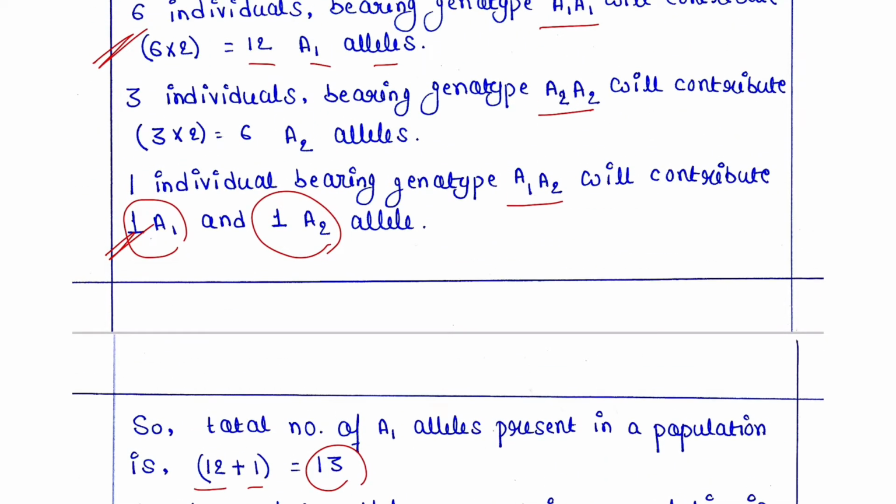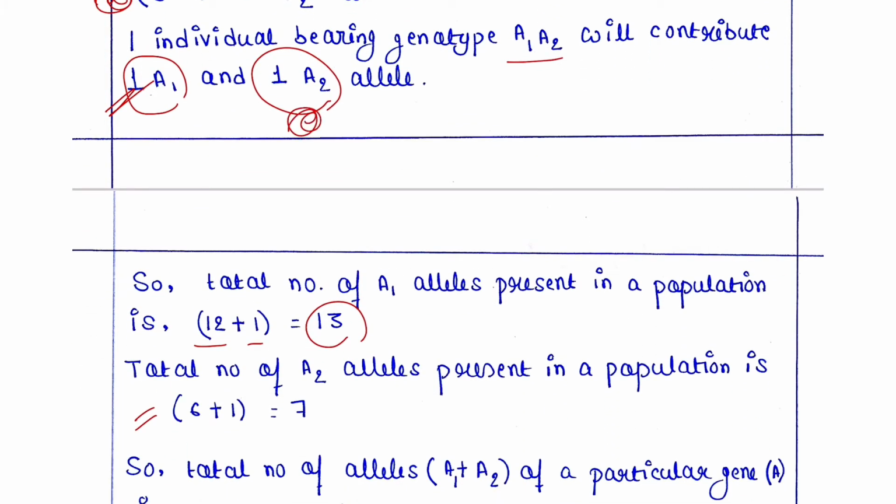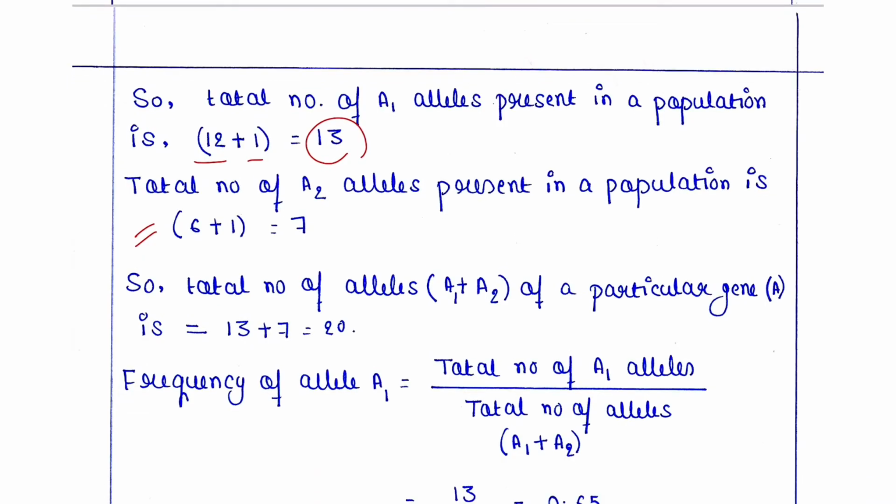So 6 alleles we are getting from here and 1 allele from here. So the total number of alleles, that means A1 plus A2, of a particular gene is 13 plus 7, which is equal to 20.